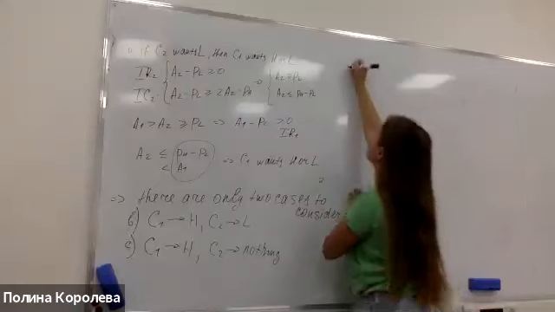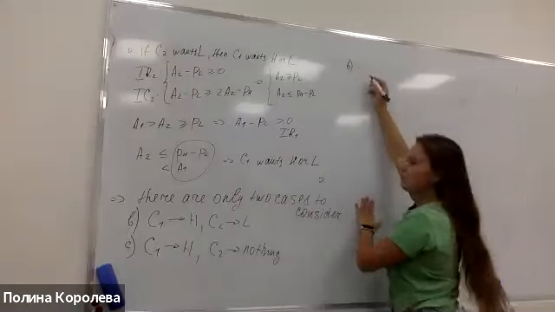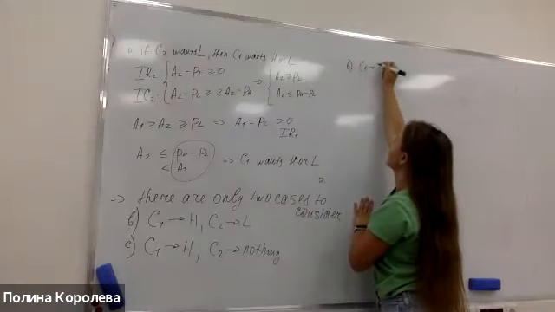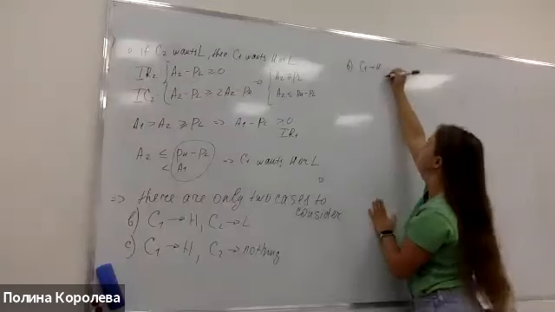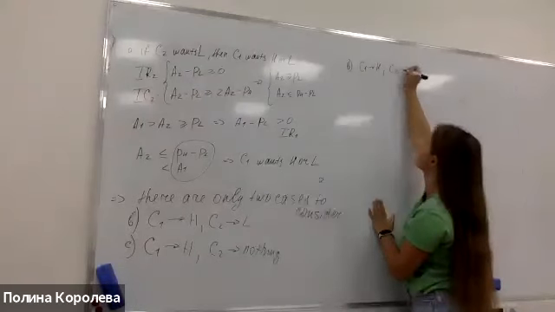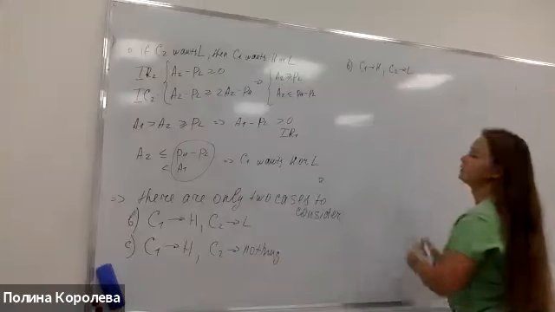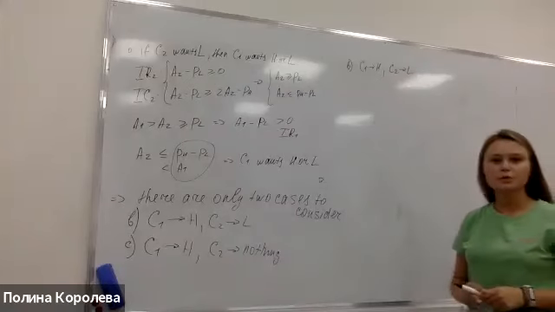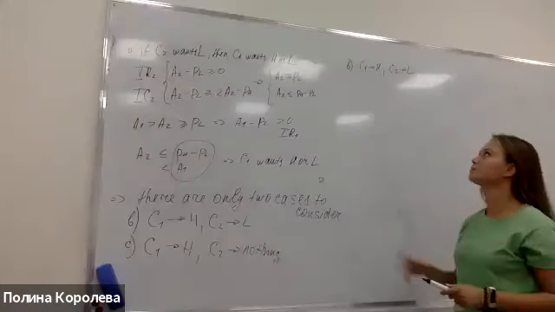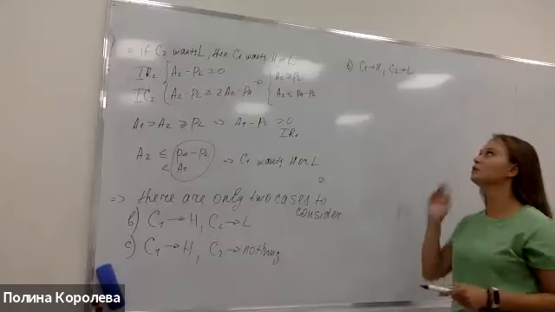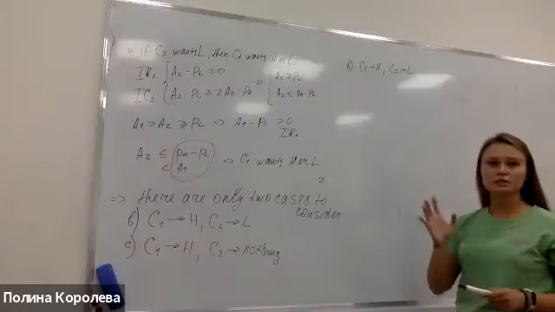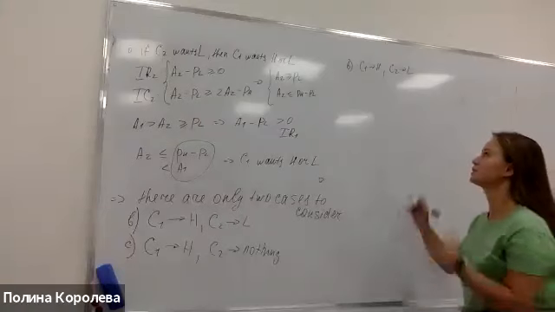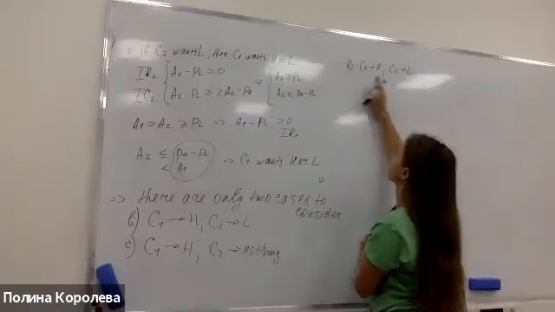First case, B, to sell high to the first consumer and low to the second consumer. So we should write down 4 constraints: 2 incentives compatibility for first and second consumer and individual rationalities. Okay, let's write down for the first.